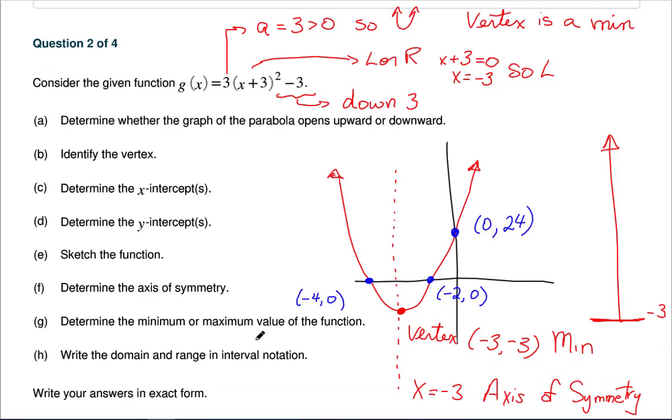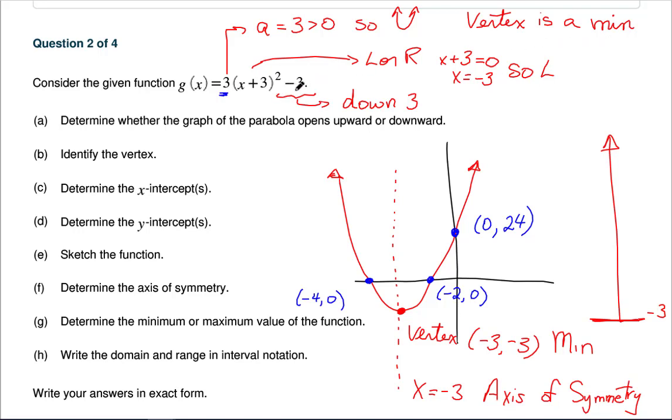Alright, let's look here at question 2. I've got 3 times (x plus 3) squared minus 3. Alright, lead coefficient is positive, so it looks upward, meaning that the vertex is now a minimum.